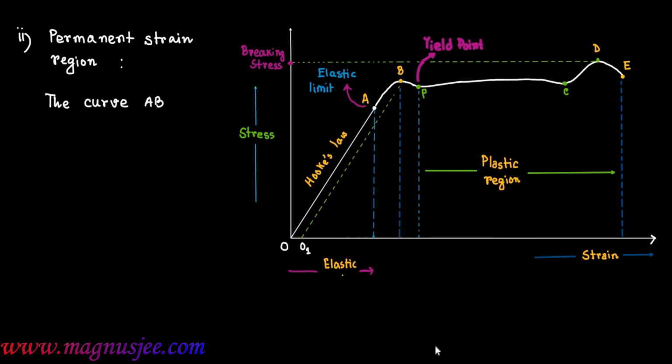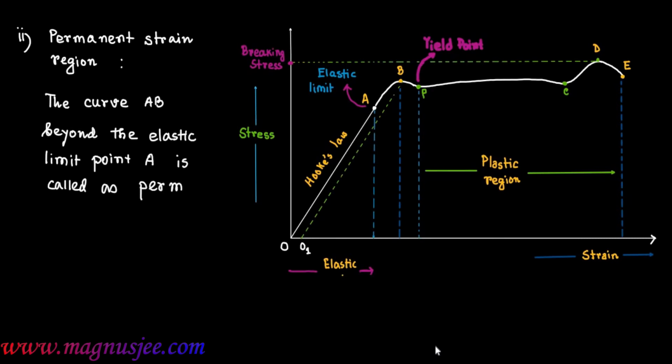The curve AB, beyond the elastic limit point A, is called the permanent strain region. So the portion AB is called the permanent strain region.